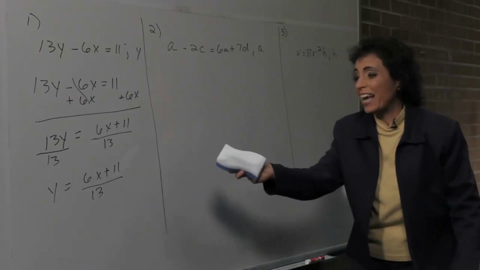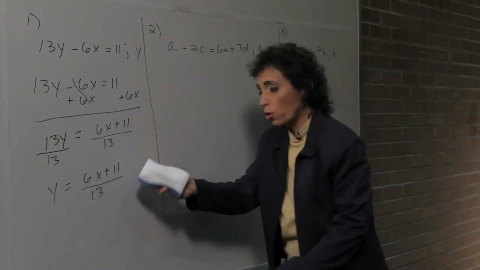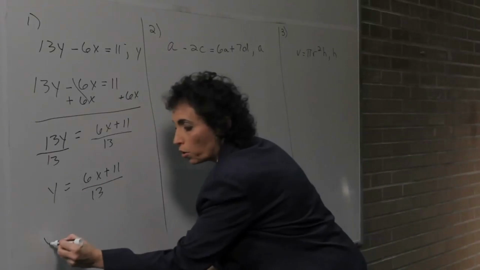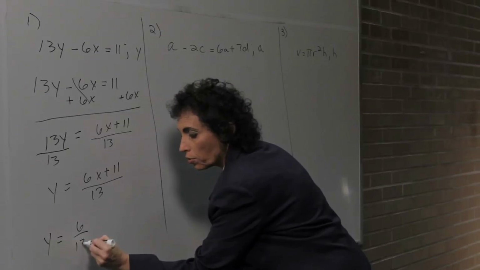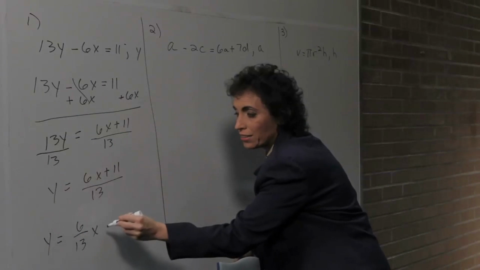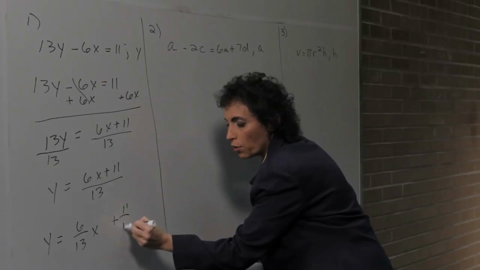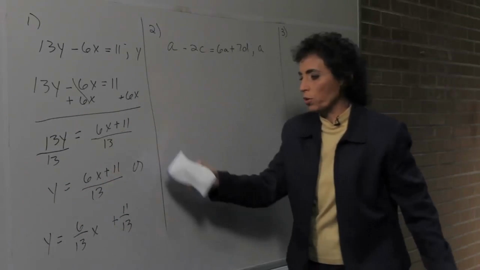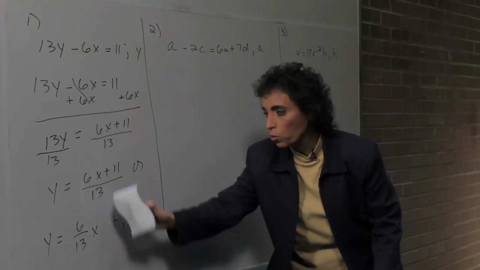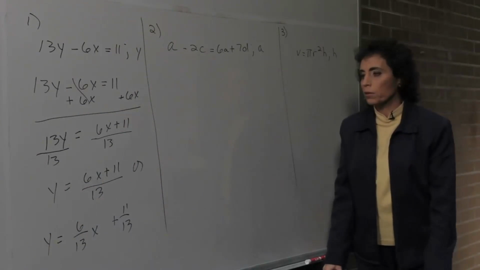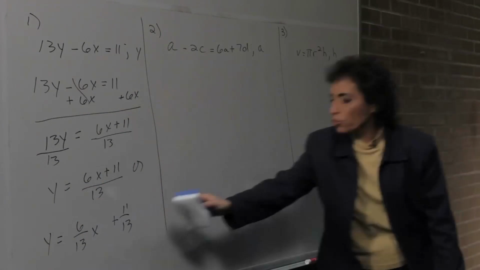That's probably what your textbook is going to have as the answer, or the e-book's going to have as the answer. Or you can do this, 6 thirteenths x plus 11 thirteenths. It's the same answer. So it doesn't matter if you give us this answer or this one. Both are acceptable. Okay? So that's solving for y in terms of x.